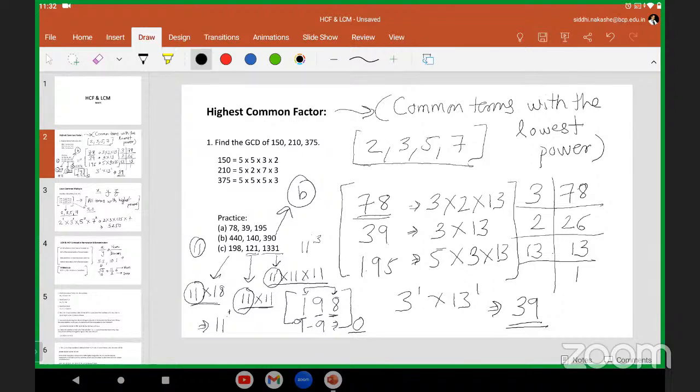Anyone else? So is everybody getting 10? Rest of you? Anyone who didn't get the concept of HCF and LCM, you can let me know.